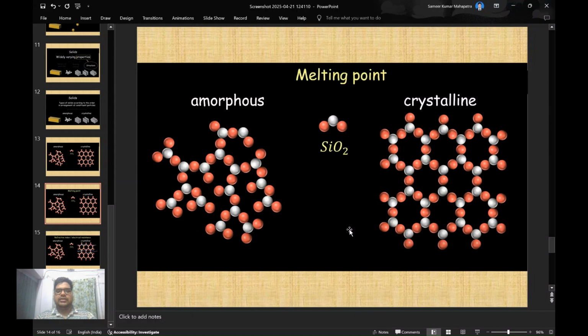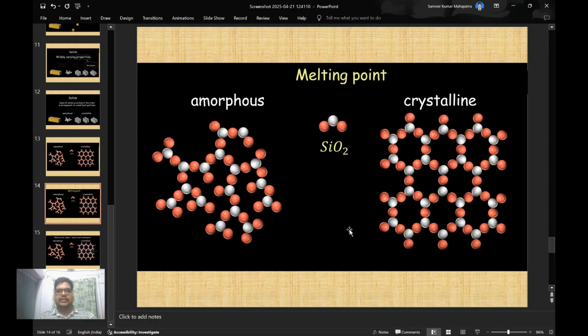So the melting point lies in a range in the case of amorphous solids, and in the case of crystalline solids, it has a sharp melting point because all the regions are identical and require the same amount of energy to break the bond, and the entire solid melts at a fixed temperature because the surrounding of each region is identical. Thus the energy required is uniform.